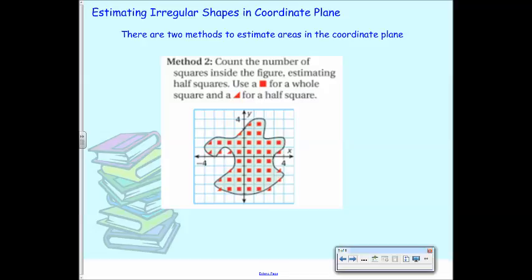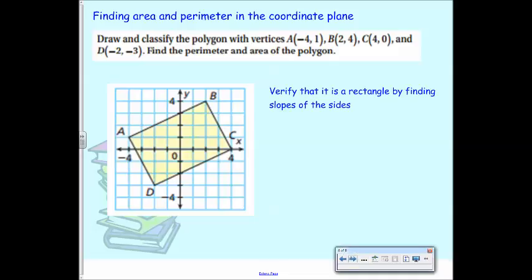All right, so what happens if you have a shape on the coordinate plane and you're given 4 vertices, and the first thing this says is classify the polygon? What does it mean to classify something? Yes, exactly. Name the shape, give it a name, and how would you do that? The way we did this before is, how did you determine if something was a rectangle or a rhombus?